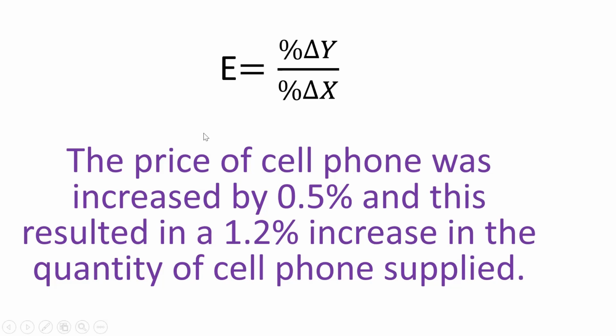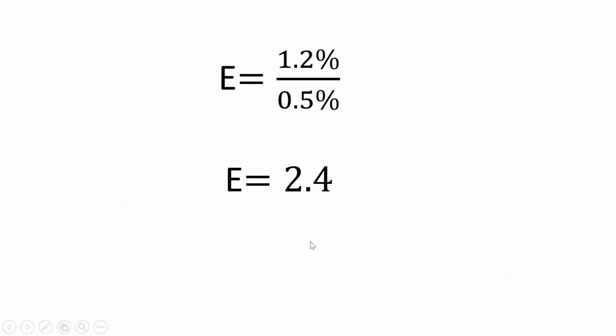So both quantities are positive because they represent increase. We do the substitution. So this is the percentage increase in quantity supplied, and this is the percentage increase in price. When you simplify, you get 2.4. So elasticity here is 2.4.